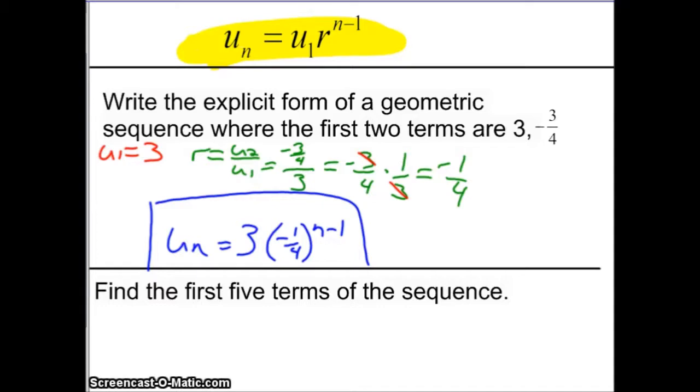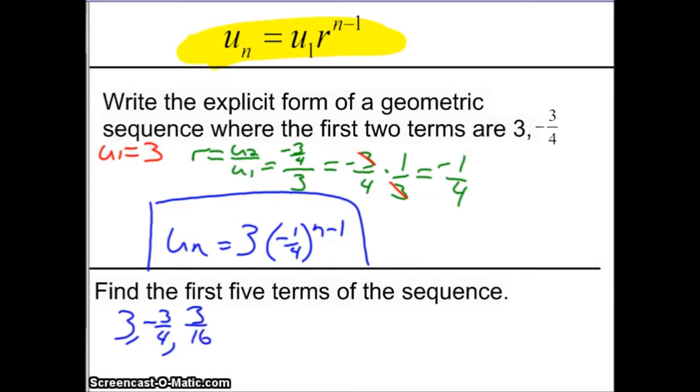Find the first 5 terms of the sequence. Well, you already know the first 2. Okay, so I am going to now multiply, this is geometric, I'm multiplying each term by -1/4 to find the next term. So -3/4 times -1/4 is a positive 3/16.